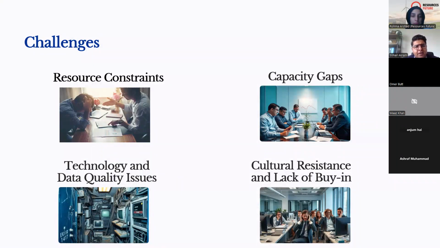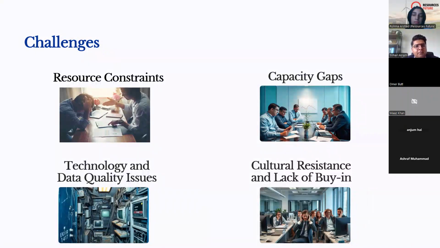And then in terms of resource constraints, compliance with IFRS S1 requires investments in training, technology, and process changes, and possible financial and staffing limitations hinder the ability to effectively implement sustainability standards, as organizations are expected to struggle to allocate necessary resources.